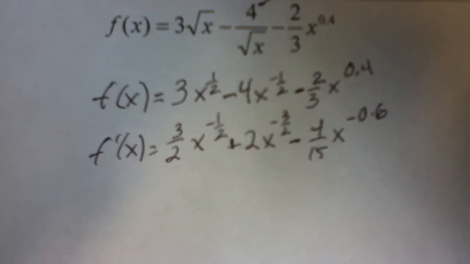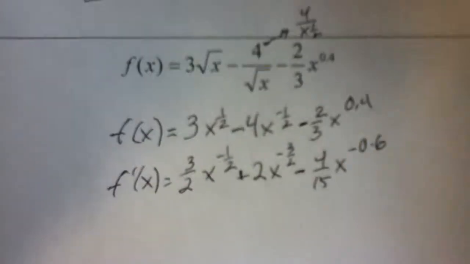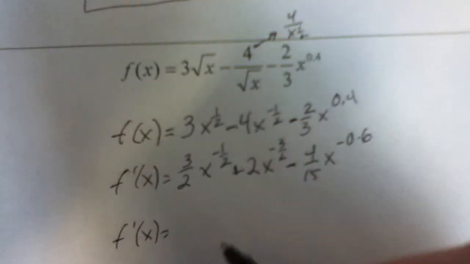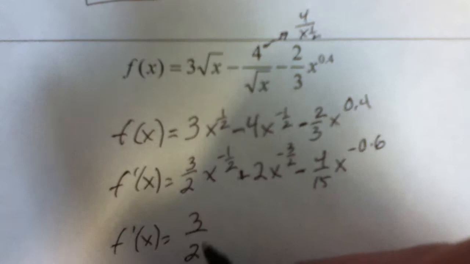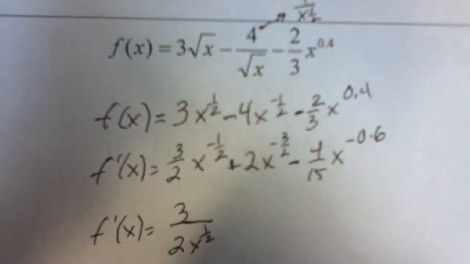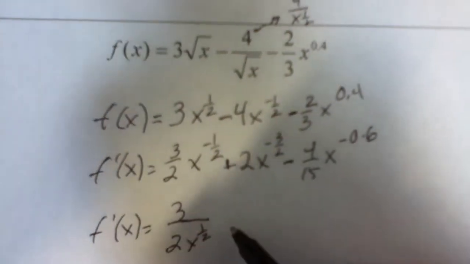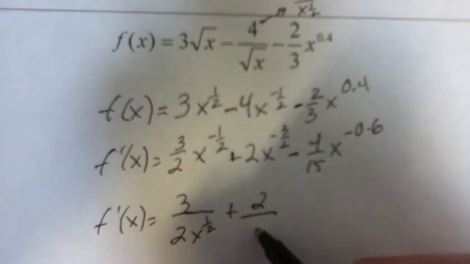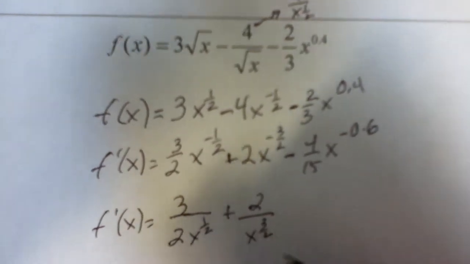All those negative exponents, I'm going to make them positive by moving them. Just the exponents. So we have 3 over 2. To make that negative 1/2 positive, I'm going to move it to the denominator. Plus 2. To make that x to the negative 3 over 2 positive, I move it to the denominator.